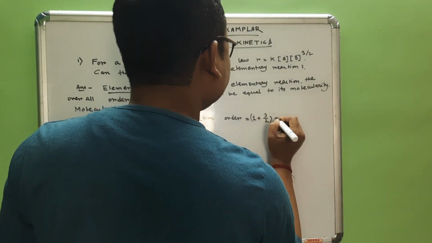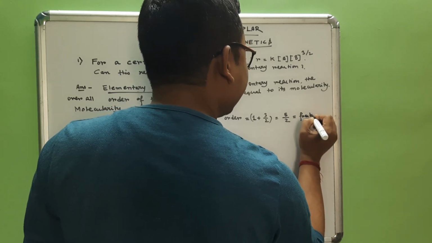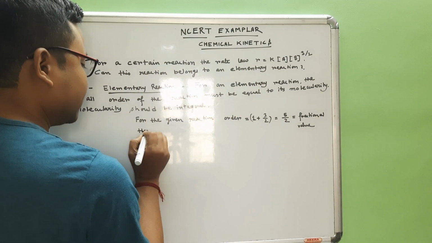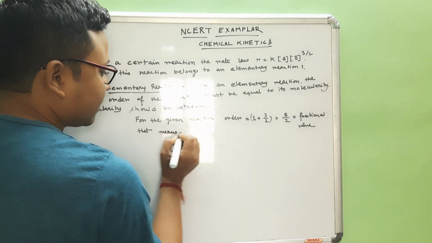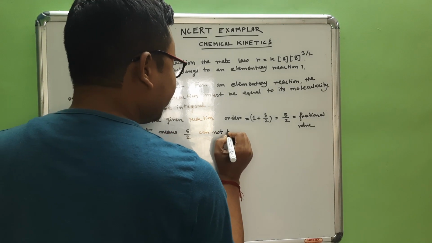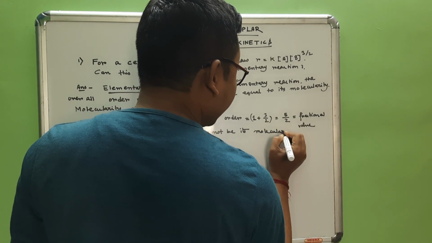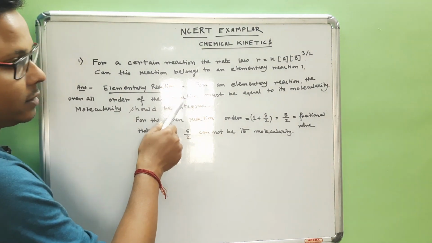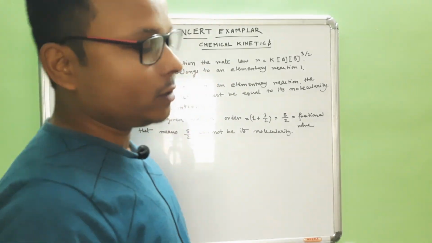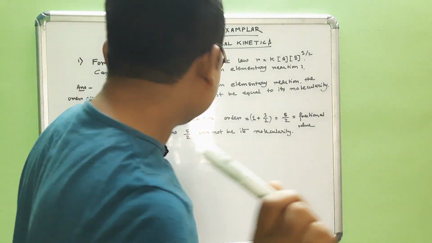So this gives a fractional value, 5/2, which cannot be its molecularity. Why? Because molecularity should always be integral. But here it becomes 5/2, a fractional value. 5/2 can be its order, but not molecularity.